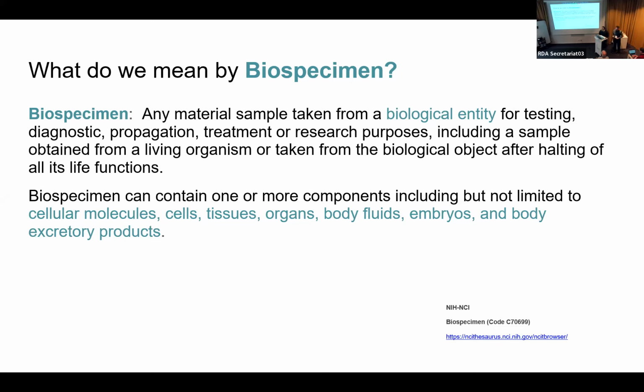Thank you. Okay, so as I was saying, we are talking about biospecimens specifically because we're in life sciences, and by biospecimen, I'm referring to any material that is taken from a biological entity, and it can be used for testing or for research, and that includes things like cell lines, tissues, organs, as defined by the National Cancer Institute thesaurus.